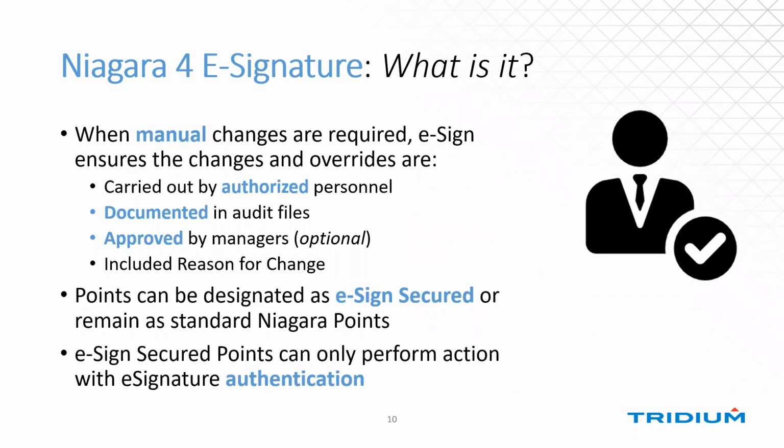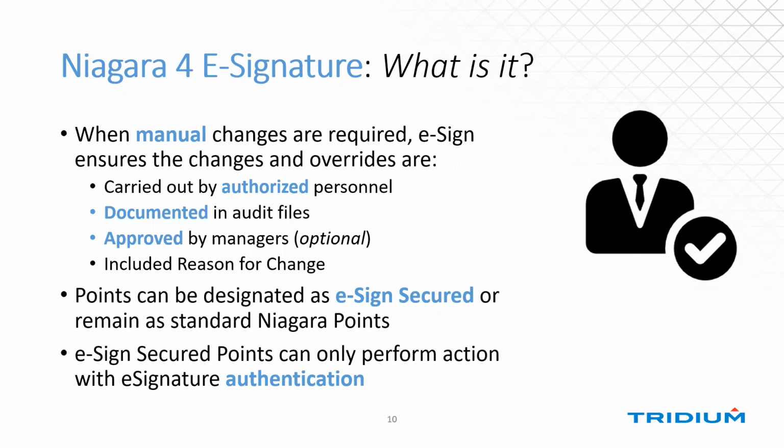So anytime there's a manual change or intervention or a set point manipulation in Niagara, the e-sign application ensures that all of the following parameters are in place: that it is authorized, that the user has access to specific points within the system, so that individual is authorized, and it is documented.